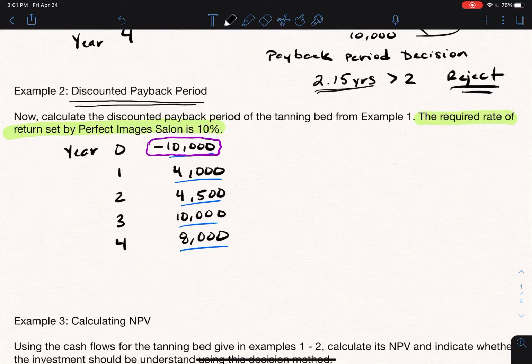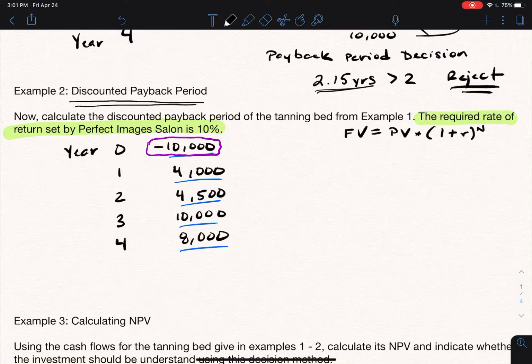If we remember our equation for the time value of money, it states that the future value of any sum of money is equal to the present value times 1 plus the required rate of return, or the discount rate, raised to n, where n is the number of pay periods.